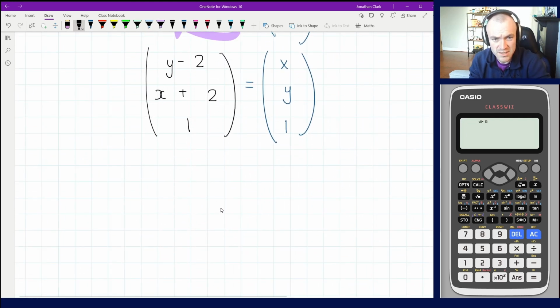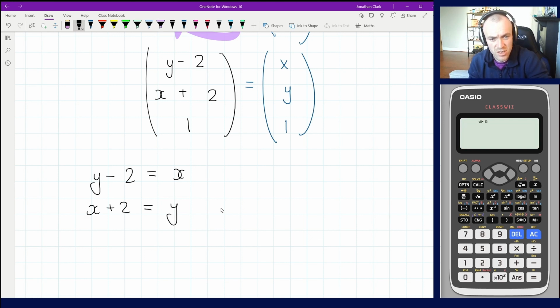and you can think about these as two equations. First row represents one of the equations, the second row another equation, and then the equation at the end, 1 equals 1. Well, you're like, yeah, that's true, I guess, but it doesn't really help.